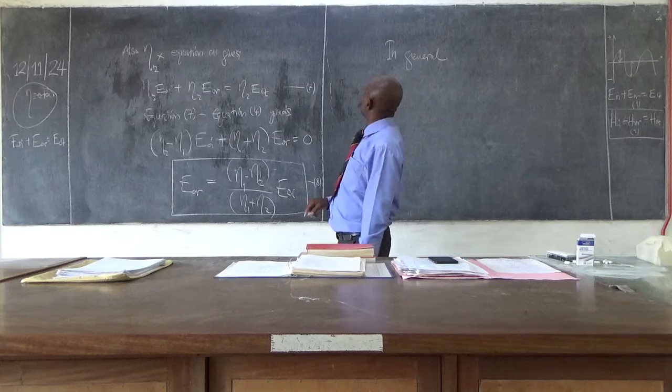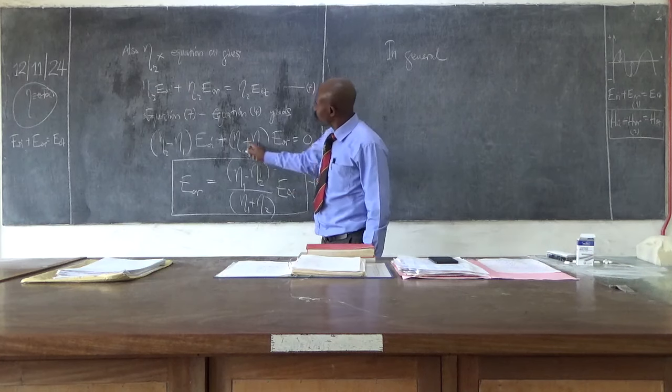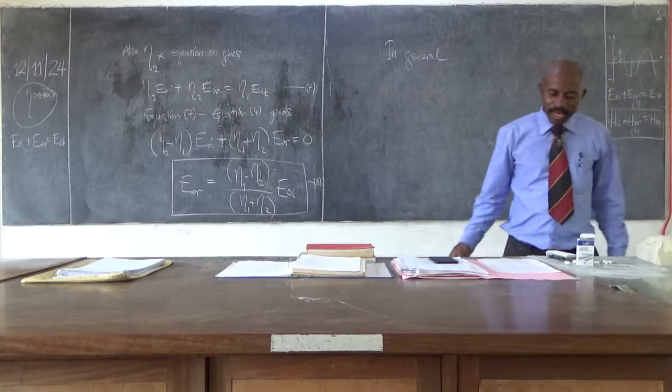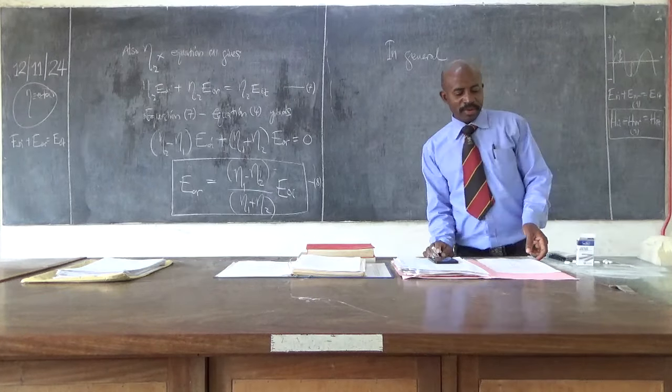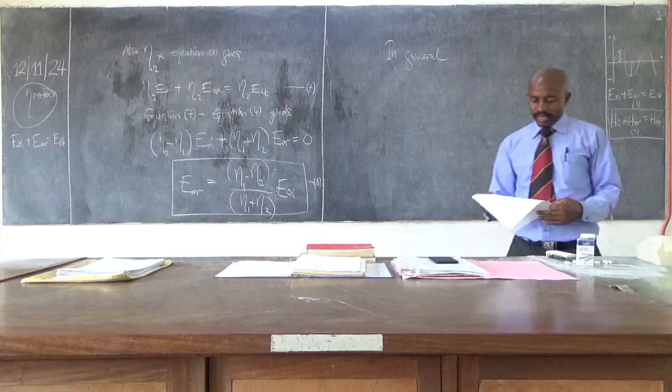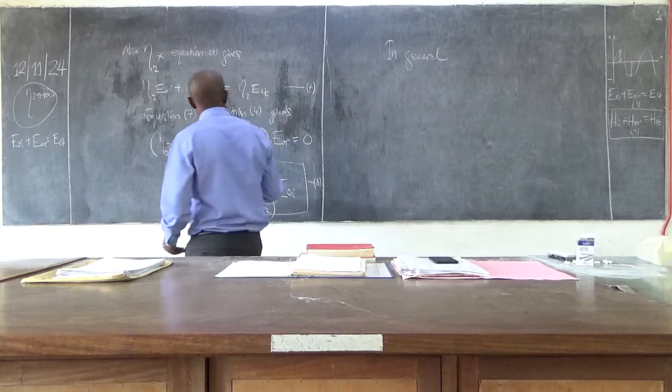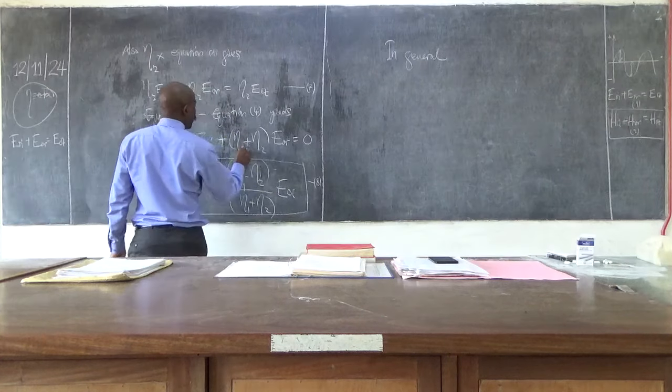Anyone who remembers what 4 is? It is eta 1 and eta 2. If they were to be, it should be 2 plus 1. You are so bad.